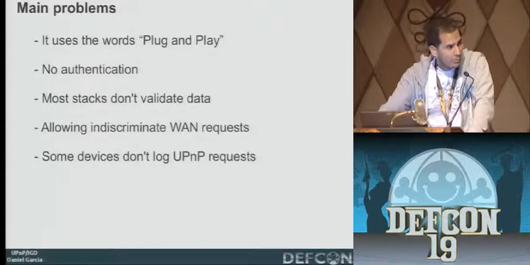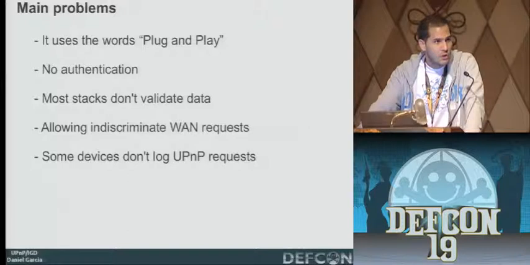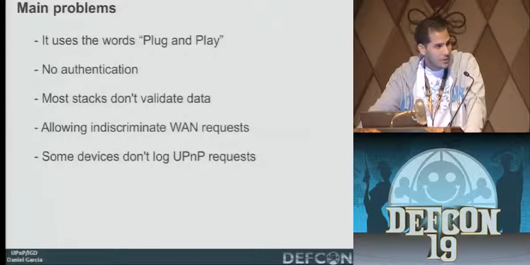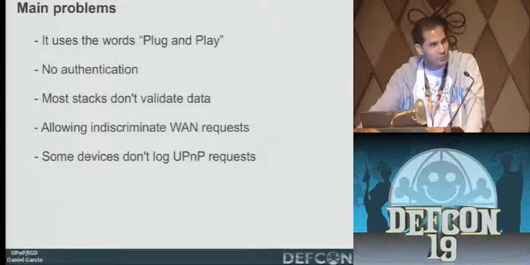The other problem is, as I was saying, UPnP was designed for LAN use, and a lot of devices allow indiscriminate WAN requests. I mean, requests of UPnP actions coming from the WAN, which doesn't make any sense. In fact, the IGD version 1 protocol says specifically it's not recommended to do that.